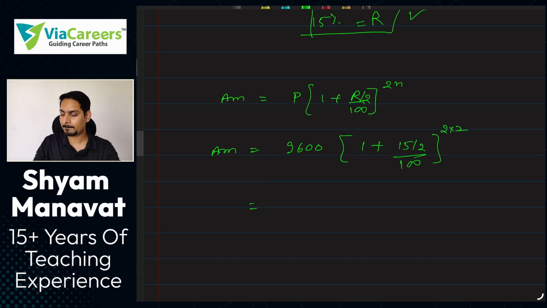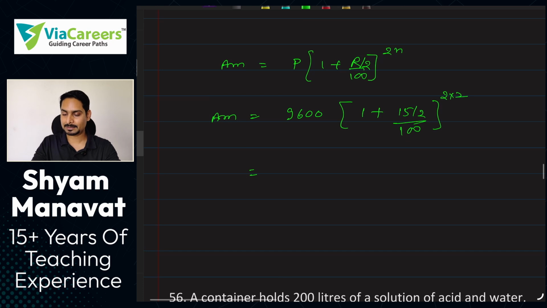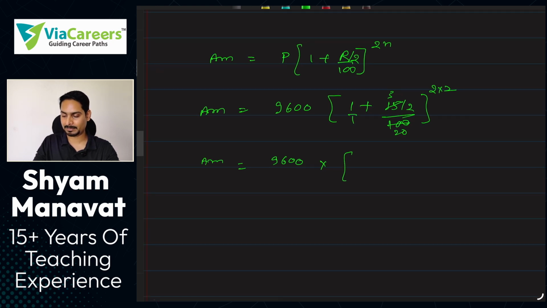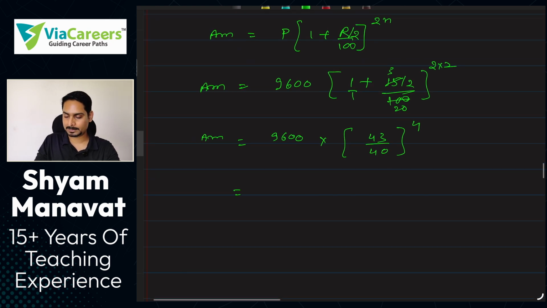Now, if we simplify this further, we can find out the amount. So the amount here will be equal to 9600 into, here 15 over 200 simplifies, 5 3s are 15 and 5 40s are 200, so this becomes 3 by 40, and plus 1 gives 43 by 40, raised to 4. Now simplify further: 9600 into 43 into 43 into 43 into 43 by 40 by 40 by 40 by 40.